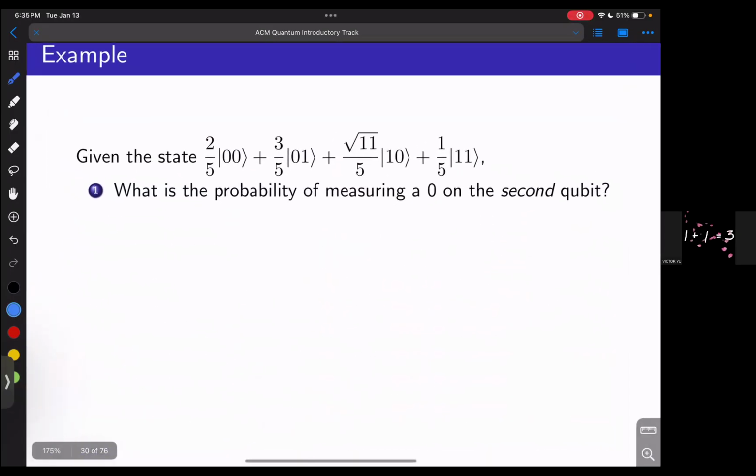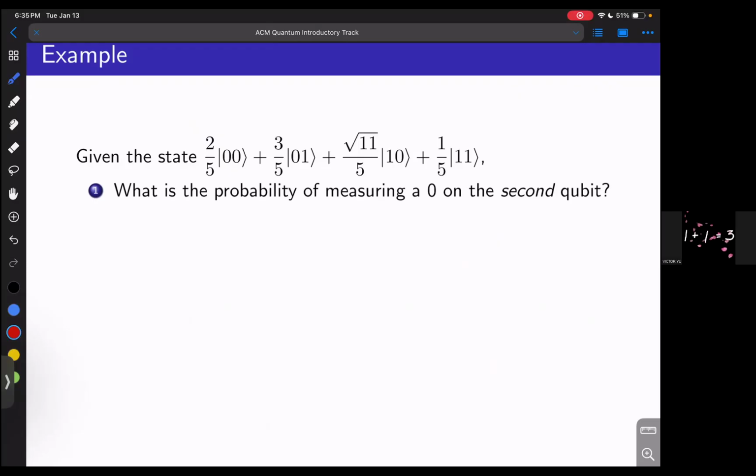Okay, here's another example. Here's another 2-qubit state. What's the probability of measuring 0 on the second qubit? Anyone want to try? Would it be 2 over 5 squared plus 11 over 25?